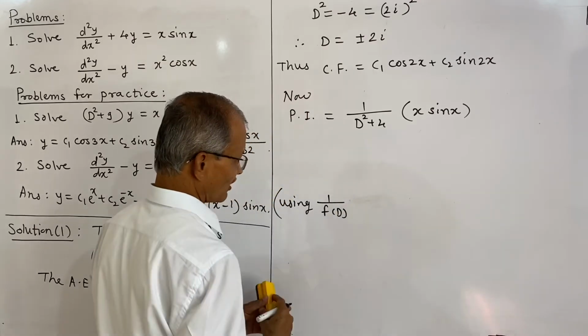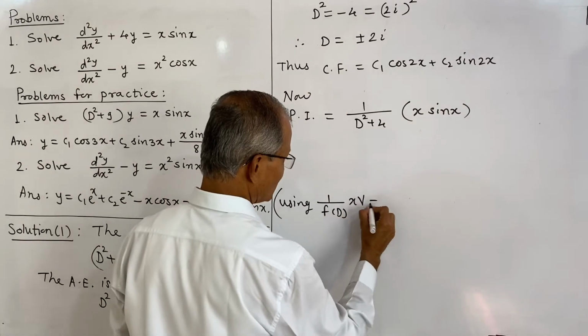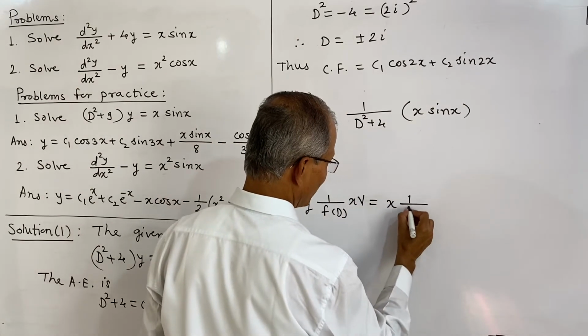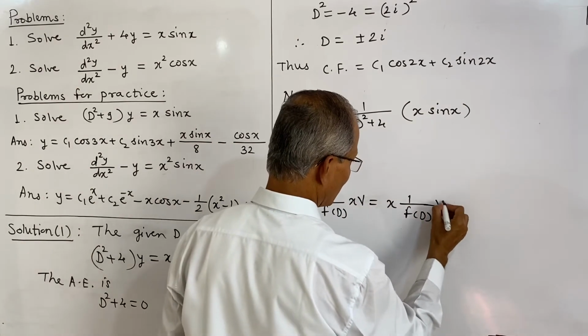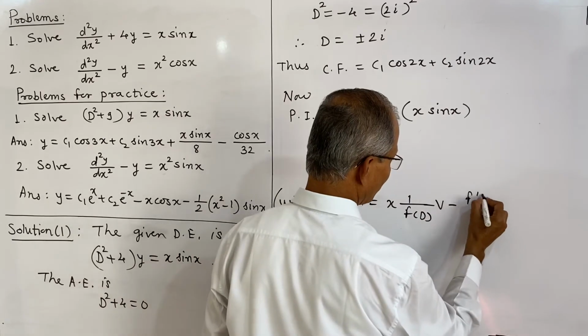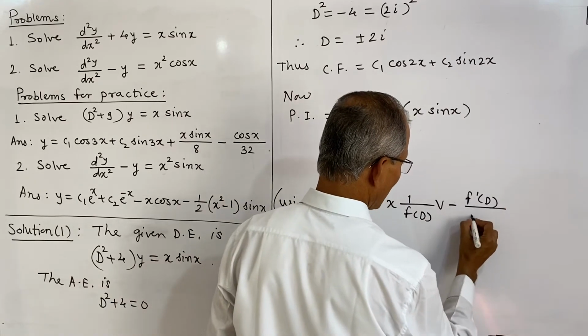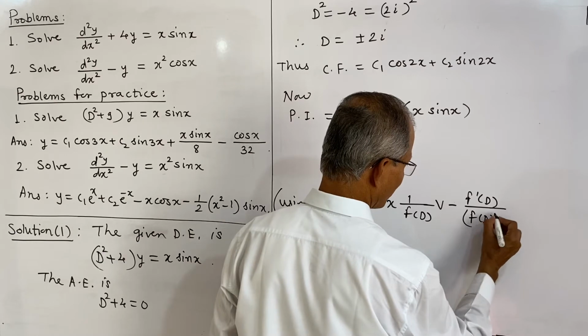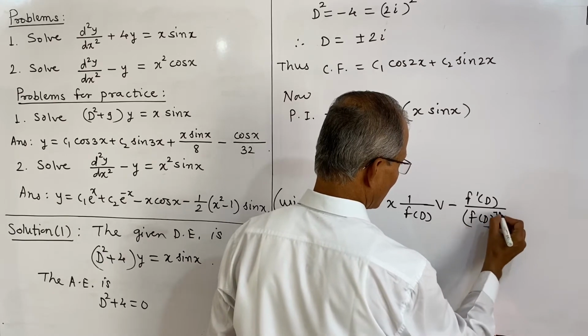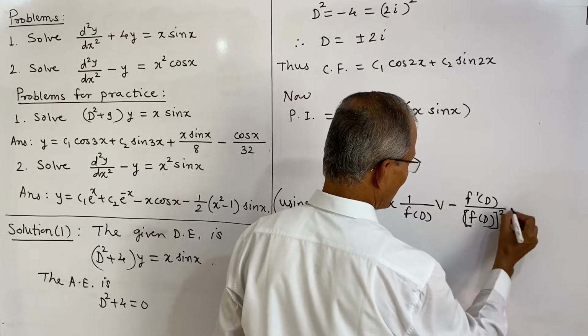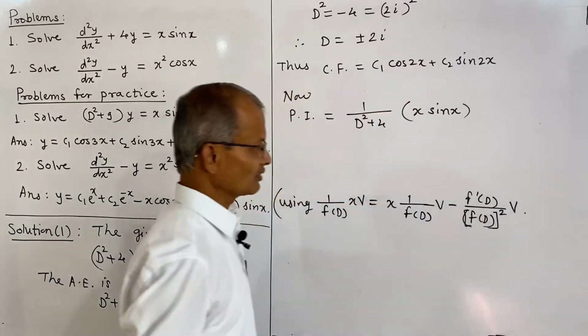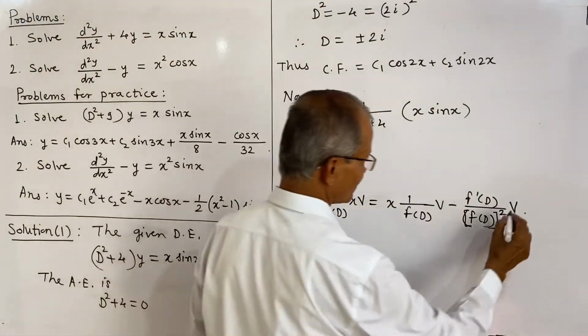This is x times 1 upon f of d operated on v, minus f dash of d divided by f of d whole square, operated on v. So this is the formula that we have to use.